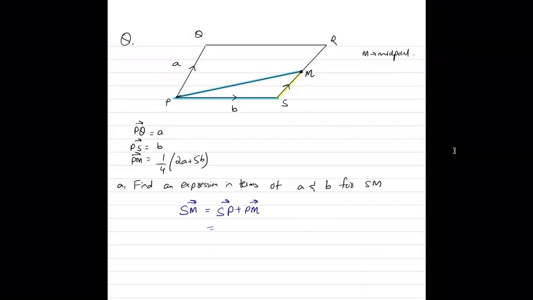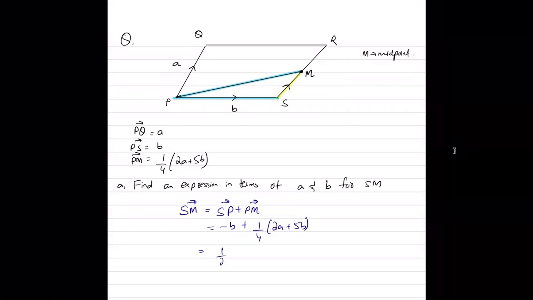What is the vector SP? Minus B. Minus B plus PM is 1/4 of 2A plus 5B. So after solving this, what will you get? 1/4B plus half A. 1/4B plus half A. Okay.